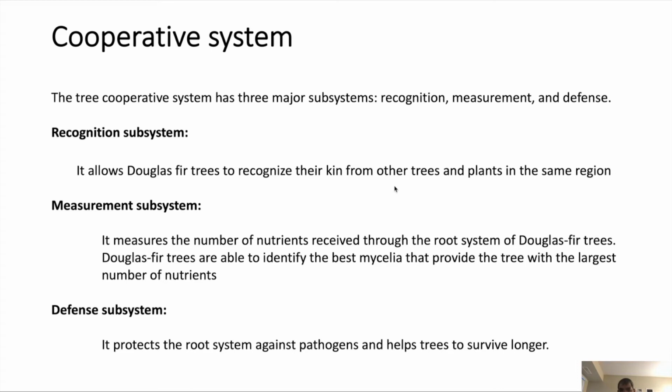The amount of nutrition that the Douglas fir trees can receive from different mycorrhizal fungi networks can be evaluated, and then the trees can decide which fungi to deal with, start receiving nutrition from them, and support them with a higher amount of carbon.